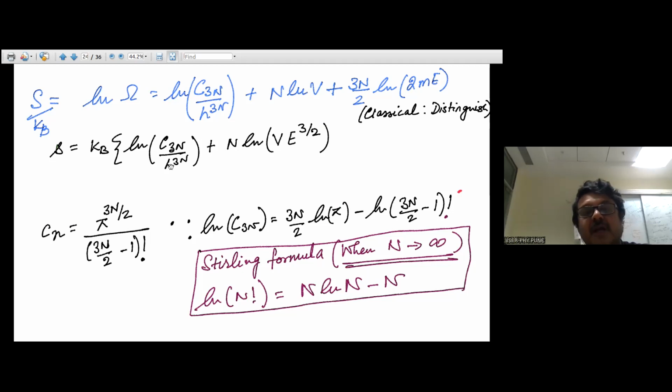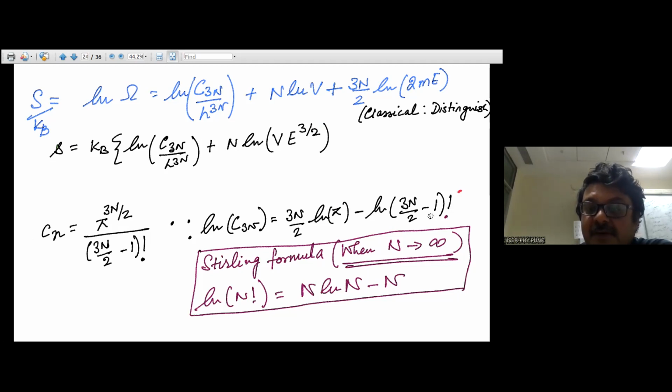Now I want to write down explicitly the constant term as well, and if we take ln of C3n, right, so then it becomes 3n by 2 ln pi, yeah, which is this expression, minus ln 3n by 2 minus 1 factorial.